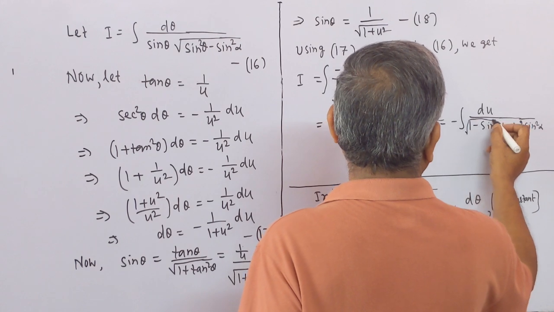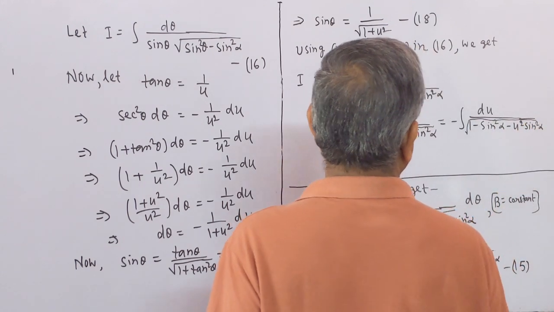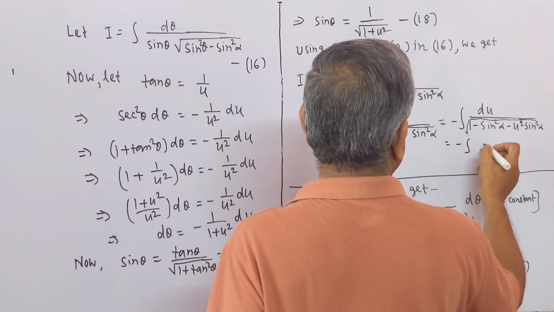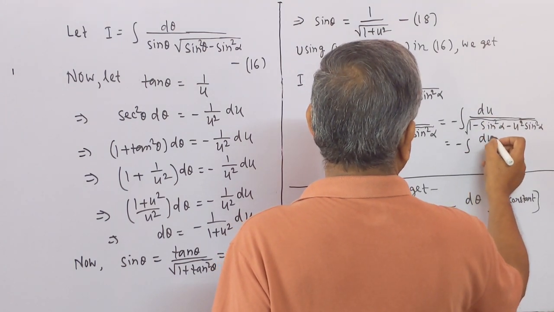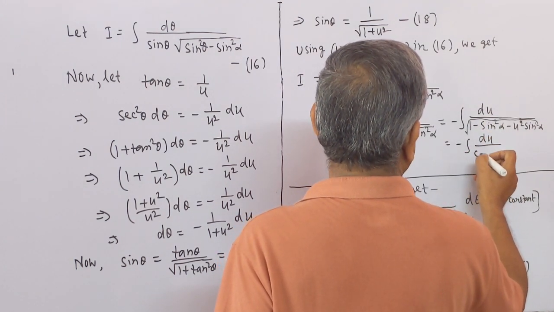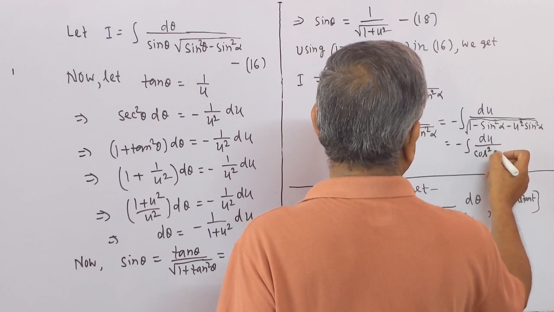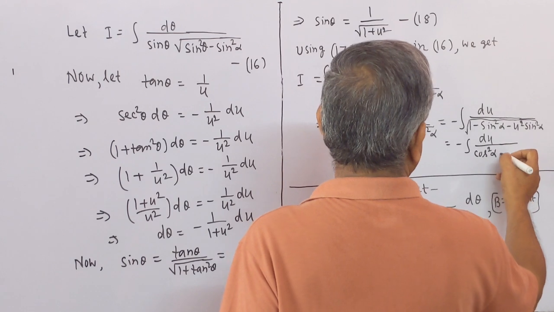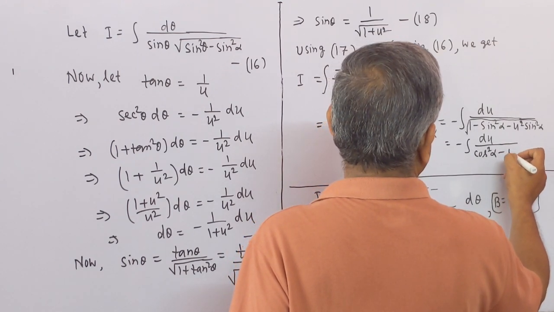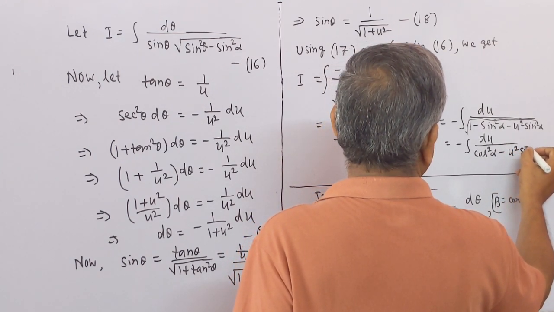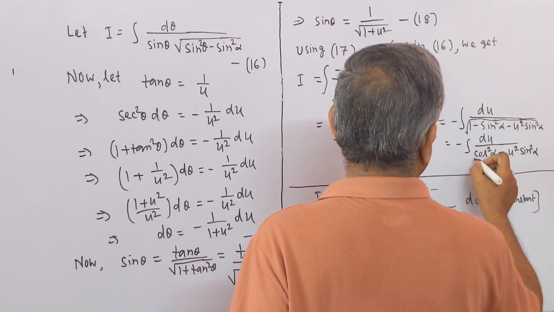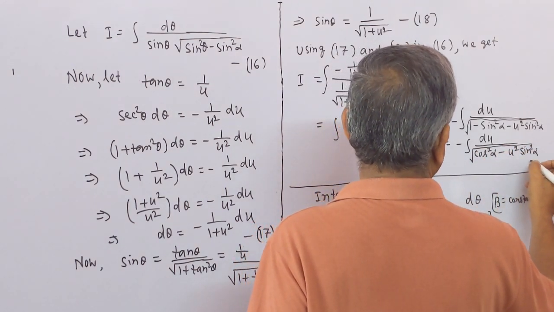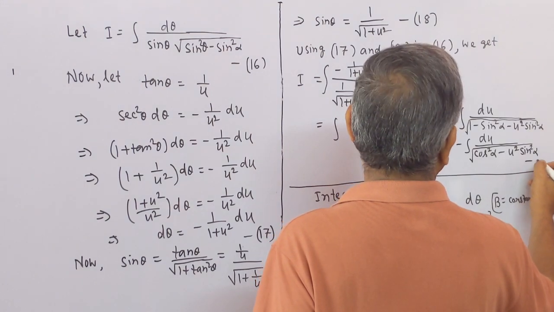This equals minus integration du, where 1 minus sin square alpha is cos square alpha, minus u square sin square alpha, under the square root. Let this be number 19.